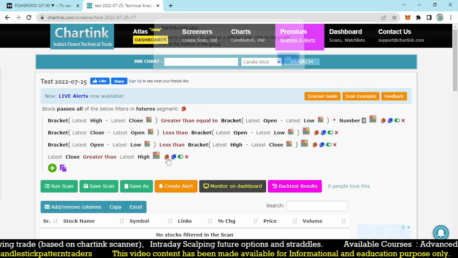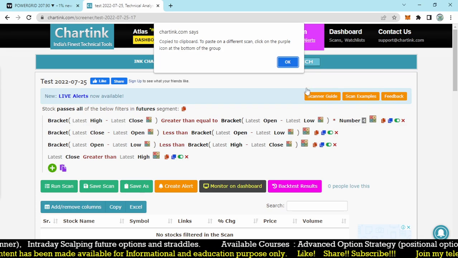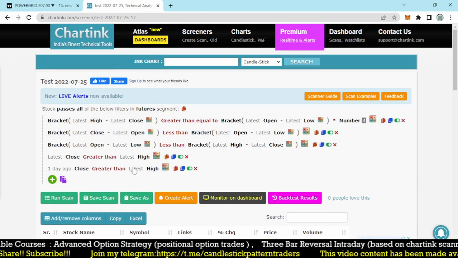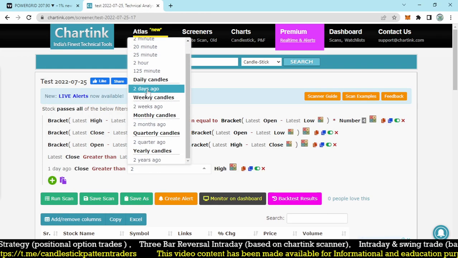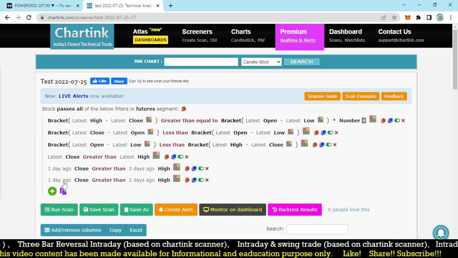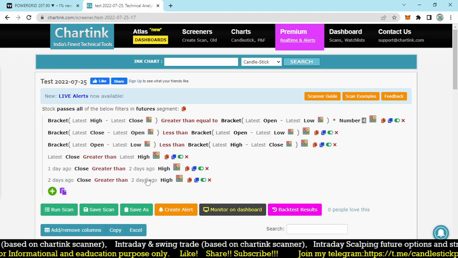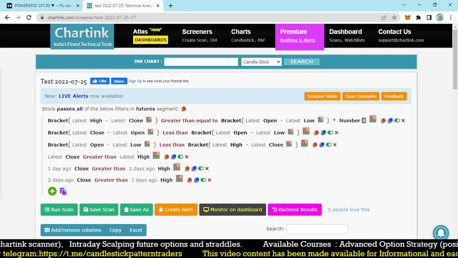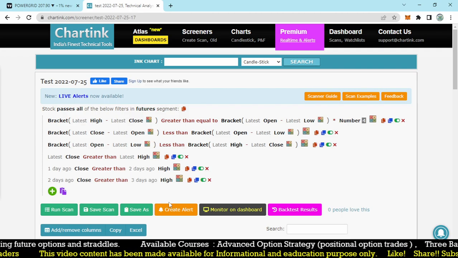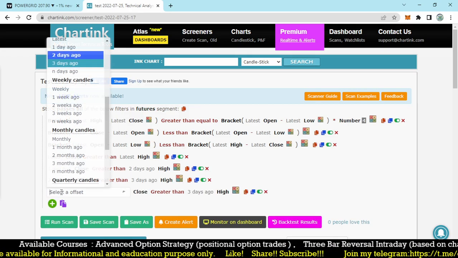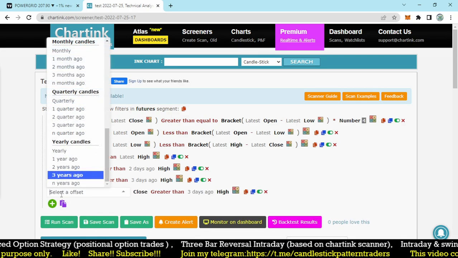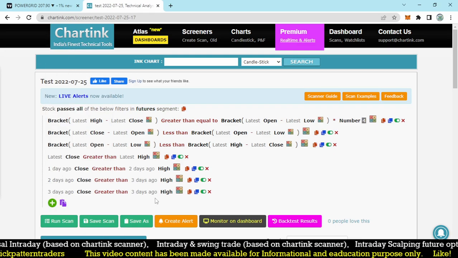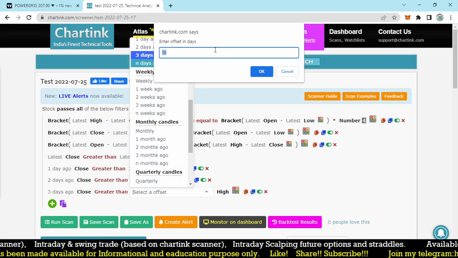Sorry, we can copy the same. 1 day ago close, 2 days ago close must be greater than 3 days ago close. This will find the stocks that keep on increasing for the last 3 days, or we can add another, 3 days ago close must be greater than 4 days ago.